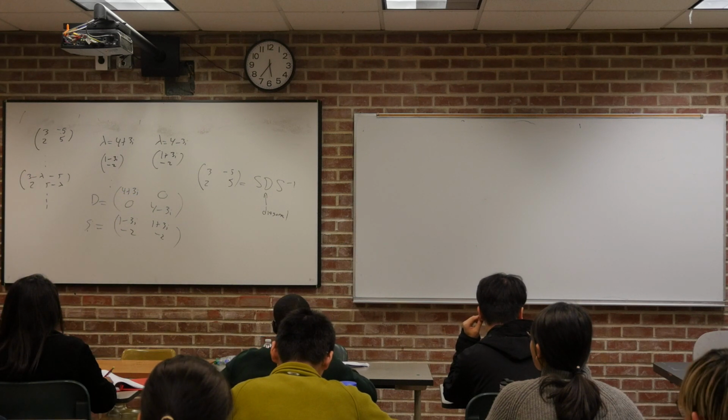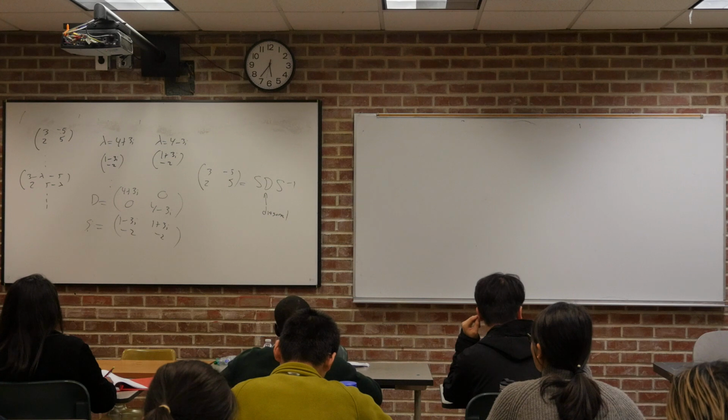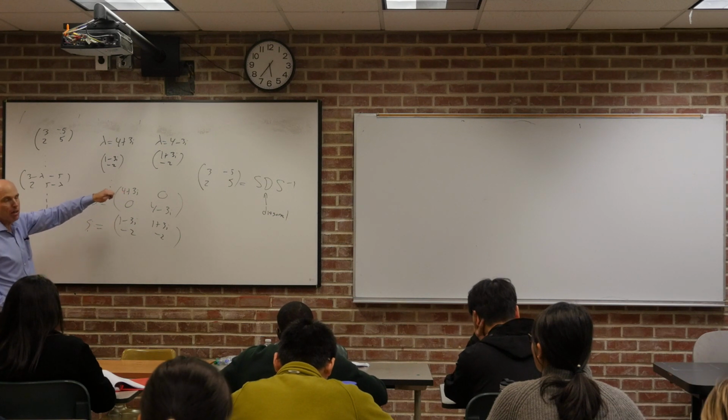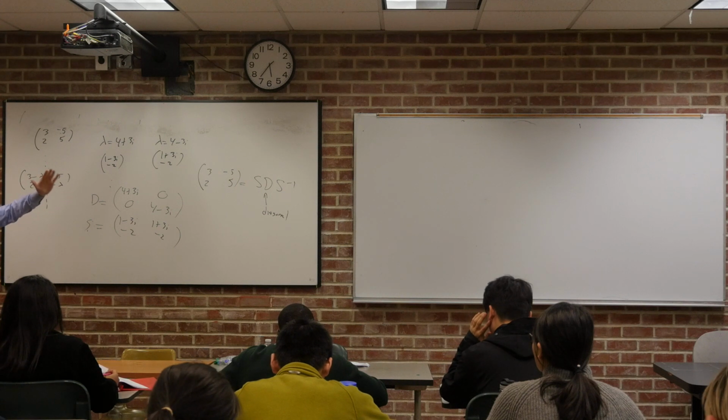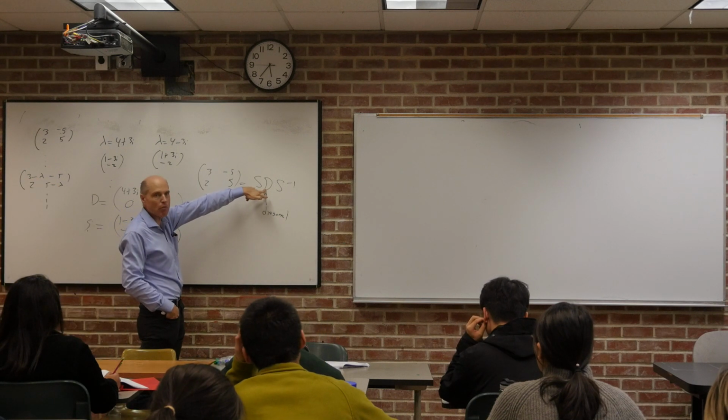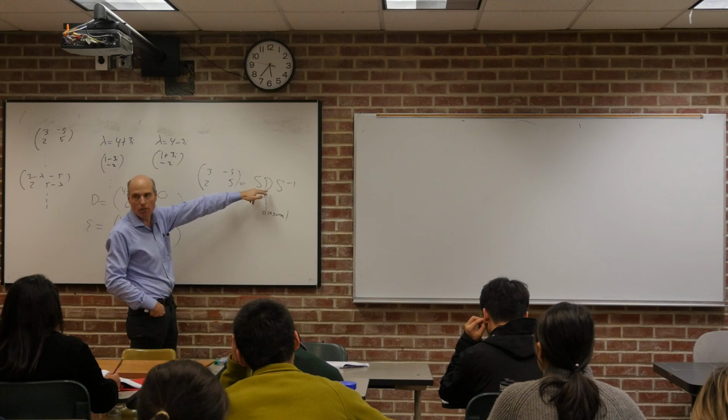Let's back up. So essentially what I'm doing is instead of working with the standard basis, I make a better basis. And then if I write my input vector relative to that new basis, the transformation is represented by a diagonal matrix.